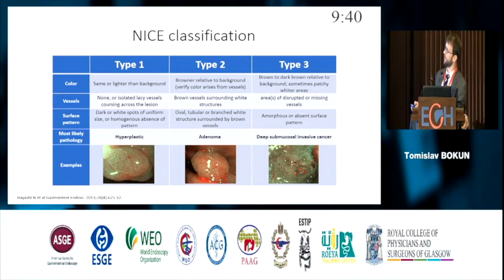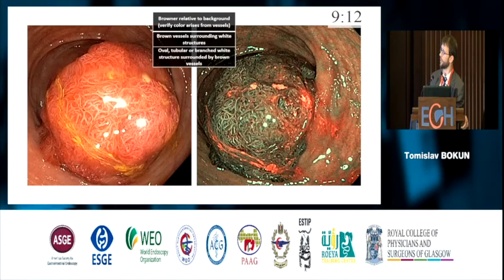And finally, NICE type 3 lesions are brown to dark brown relative to the background, and sometimes they have patchy whiter areas. They have areas of disrupted or missing vessels, and also they have an amorphous or absent surface pattern, so these are deep submucosal invasive cancers.